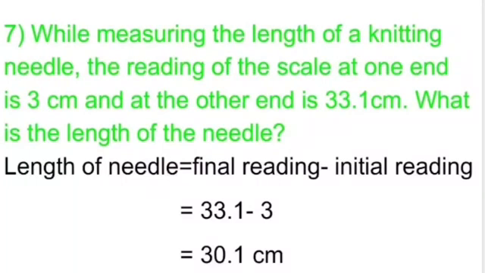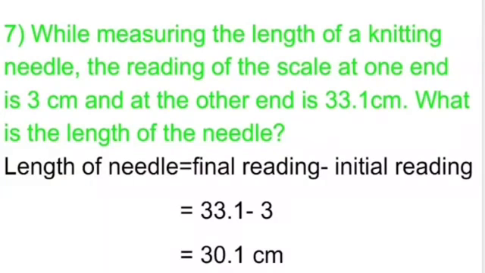7th question. While measuring the length of a knitting needle, the reading of a scale at one end is 3 centimeter and at the other end is 33.1 centimeter. Now the question is, what is the length of the needle?